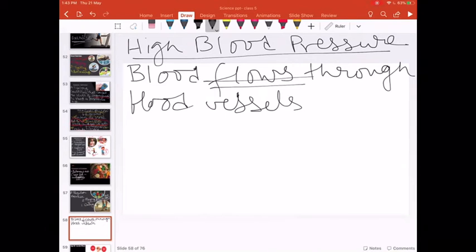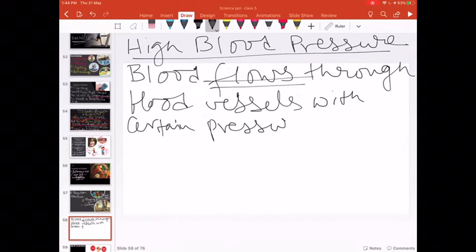And for flowing of blood, like when the water flows with some pressure, the blood flows with some pressure. The blood flows through blood vessels with certain pressure. This pressure is known as blood pressure.